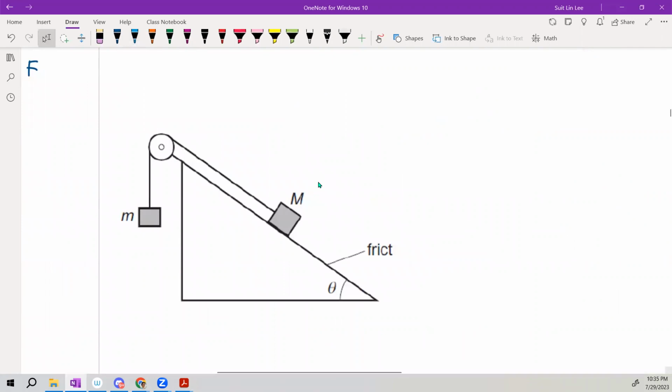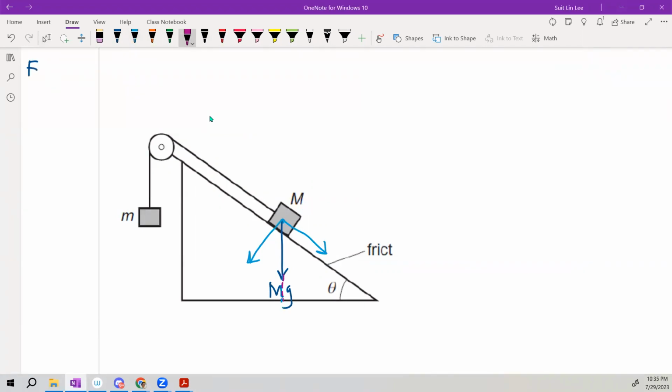Okay. So your weight is this direction, Mg. And we want to split one parallel to the inclined plane, one perpendicular to the inclined plane.